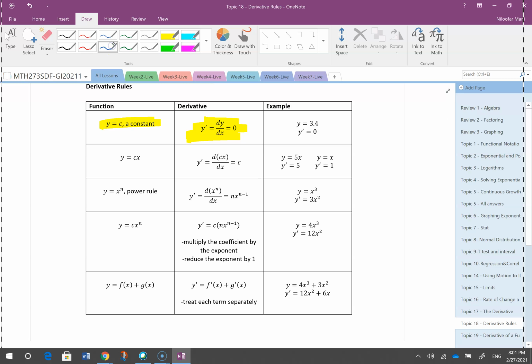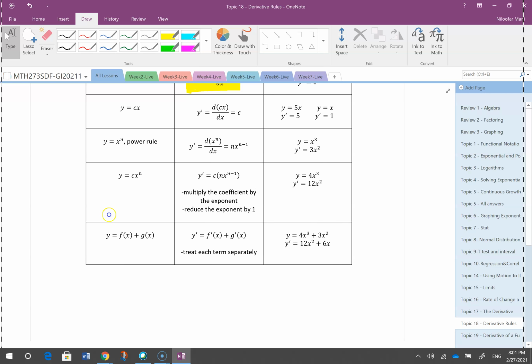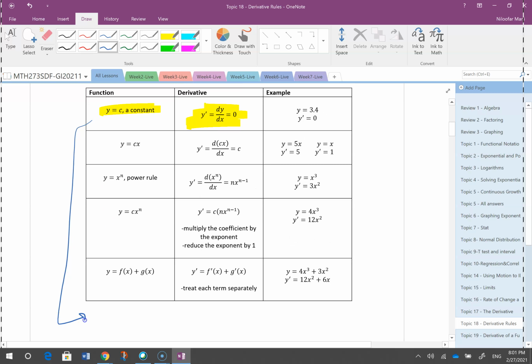Can I prove that? Let me go here and prove it. If I have a constant function, how can I prove it? I use the formula: the limit of f of x plus h minus f of x, divided by h, as h goes to 0. So what is f of x plus h?